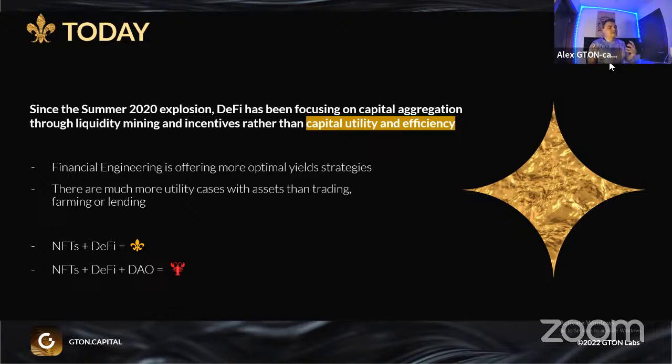But there is one important step missed, which is capital utility. Like what exactly you can do with the different assets, right? And the second one, efficiency. And today we're going to talk about both aspects, starting from the efficiency, and then on the case of Revest Finance, we will talk about capital utility, like what kind of cases we can do.